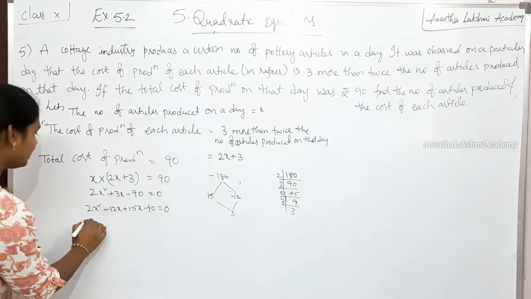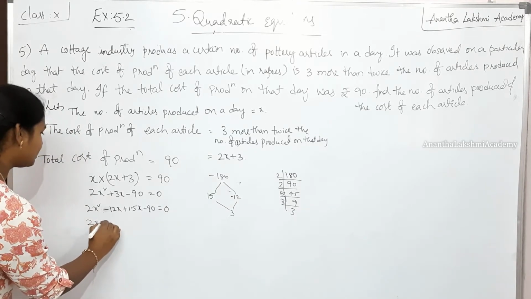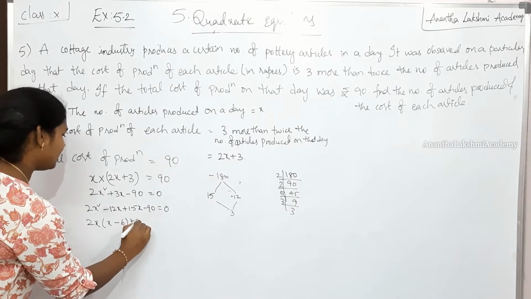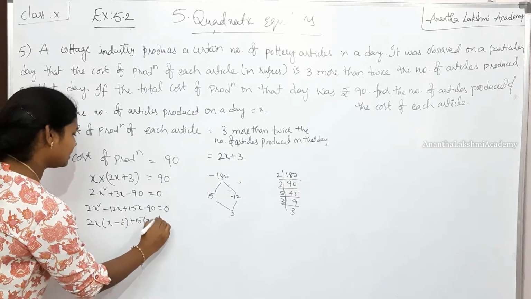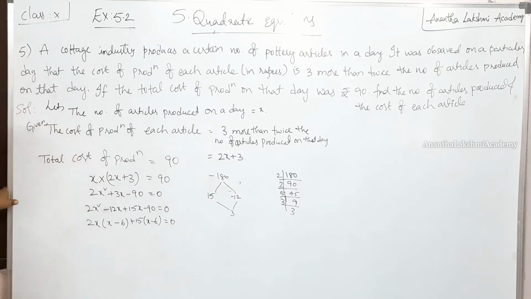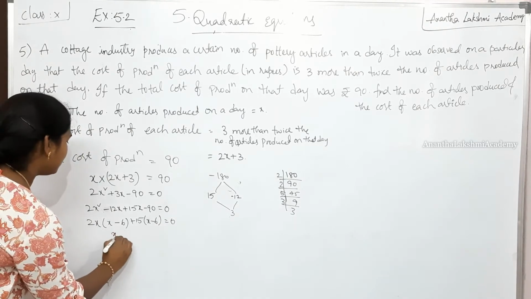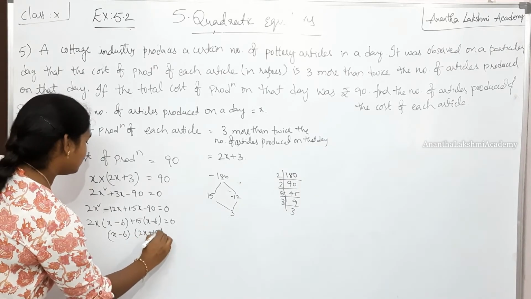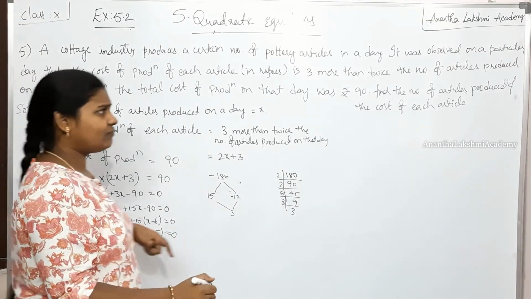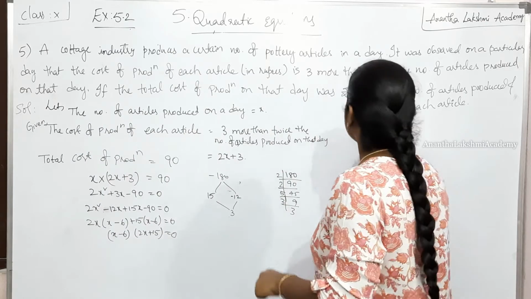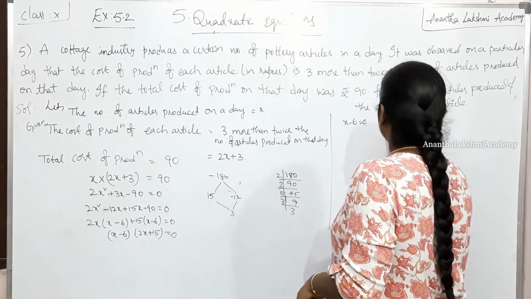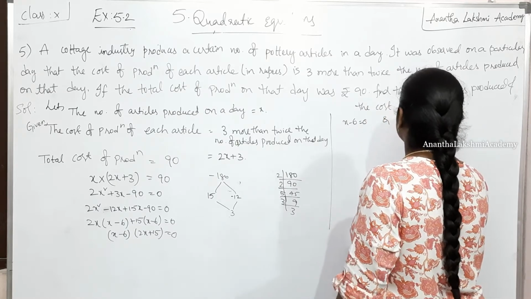Now let me take 2x common. If I take 2x common, this becomes x minus 6, plus 15. If I take 15 common, this becomes x minus 6, since 15 sixes are 90. So this becomes x minus 6 into 2x plus 15 is equal to 0. Solving this, x minus 6 is equal to 0 or 2x plus 15 is equal to 0.